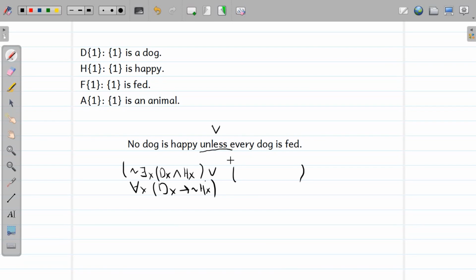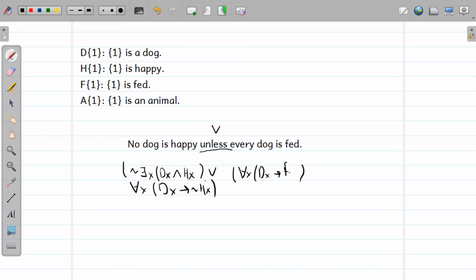Probably going to be, I've said this already, but recall that for any of these general statements, you can do it using either the existential or the universal. Whichever one feels better in your head is fine. Universal x, bracket dx, fx.